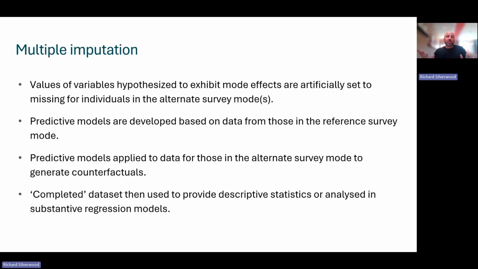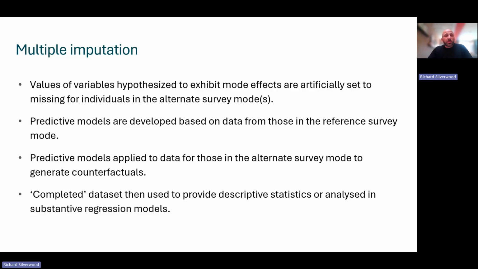And that allows us to think about using methods that are originally designed for handling missing data to instead handle mode effects. So multiple imputation is one such method that's been used very widely over recent years due to its ease of implementation, particularly because it's well integrated into all major statistical software.